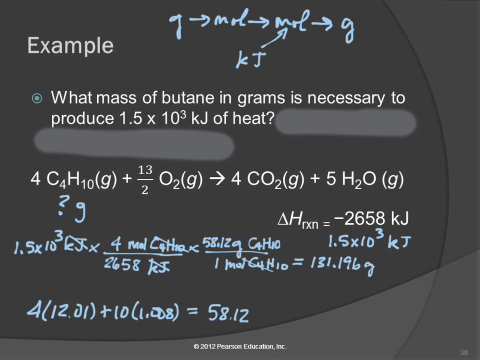How many sig figs? 2. Our starting number had 2 significant figures. This had 4, that had 4. These guys are exact. So 2, we need to be careful here. Let's put it in scientific notation. 1.3 times 10 to the 2 grams of butane.